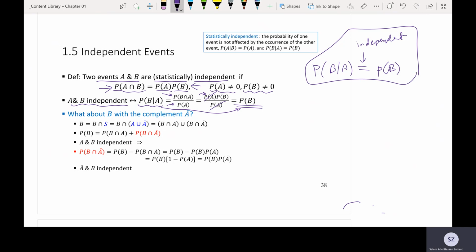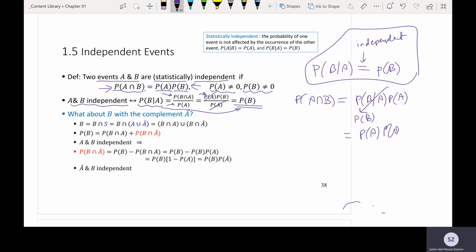From here, we can write the probability of A intersect B equals the probability of B given A multiplied by the probability of A. However, because of independence, this is equal to the probability of B, and hence we get the rule.